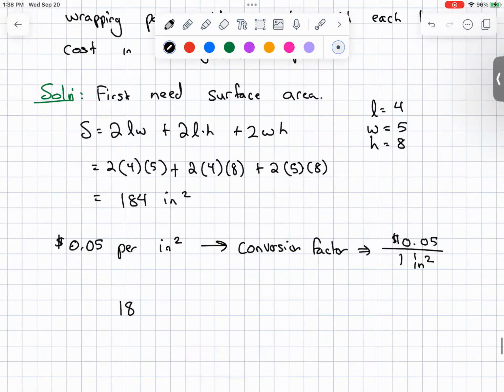We start off with 184 inches squared, and luckily for us, we only need to do one unit conversion. We want to cancel the inches squared. Down at the bottom, 1 inch squared is $0.05. The inches squared cancel, and now our measurement will be in money, which is exactly what we're trying to find out. So 184 times 0.05 is $9.20. That's a lot in wrapping paper.